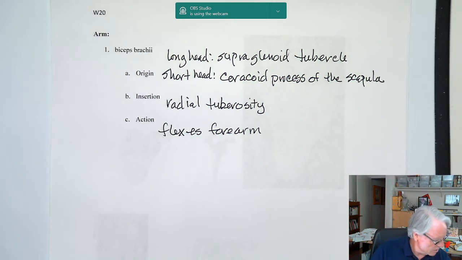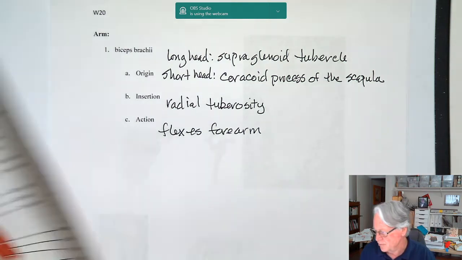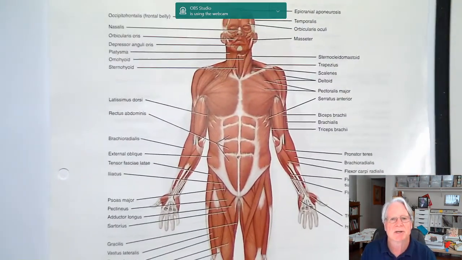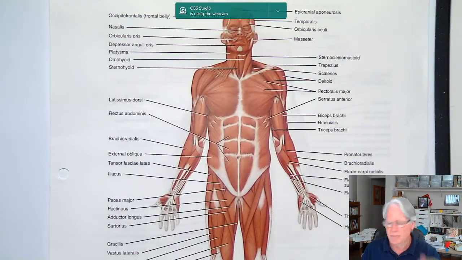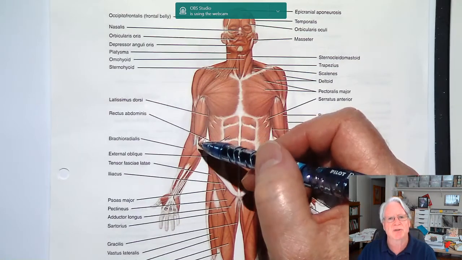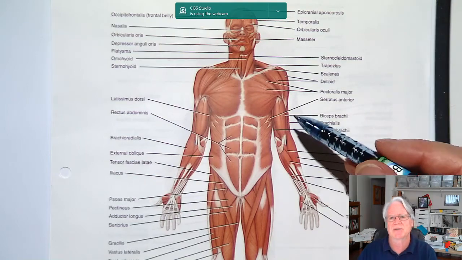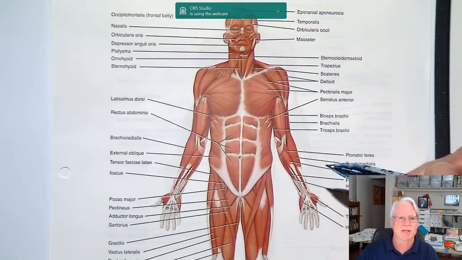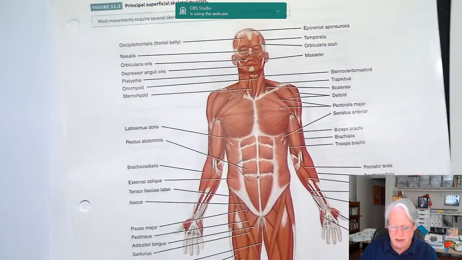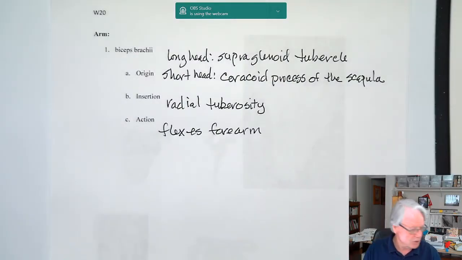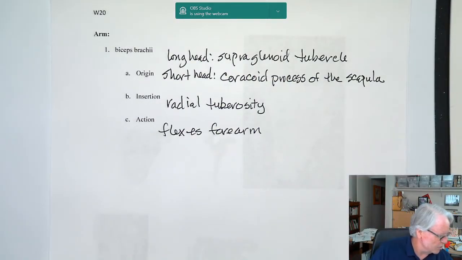Let's go ahead and take a couple of pictures and look at that. So here we can see this muscle. It's the most superficial muscle in the anterior part of the upper arm. There's one on that side, obviously on the other side as well. So that's my biceps brachii. We also can get a close-up view.